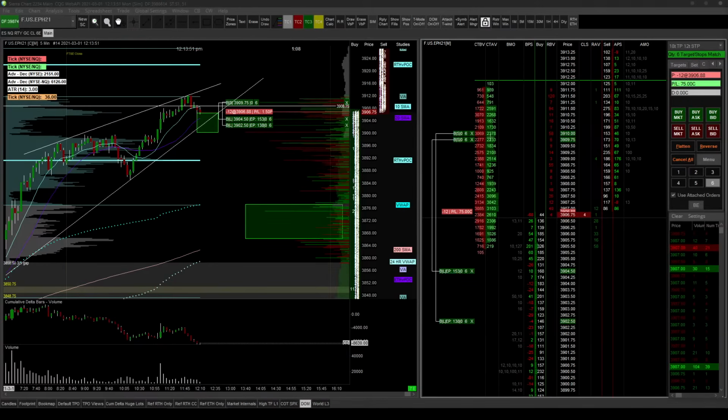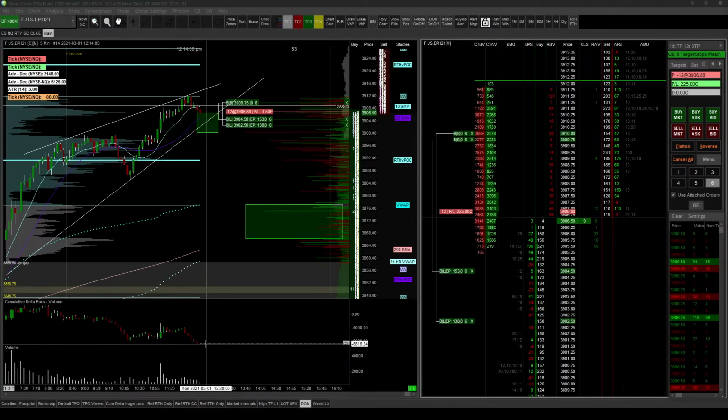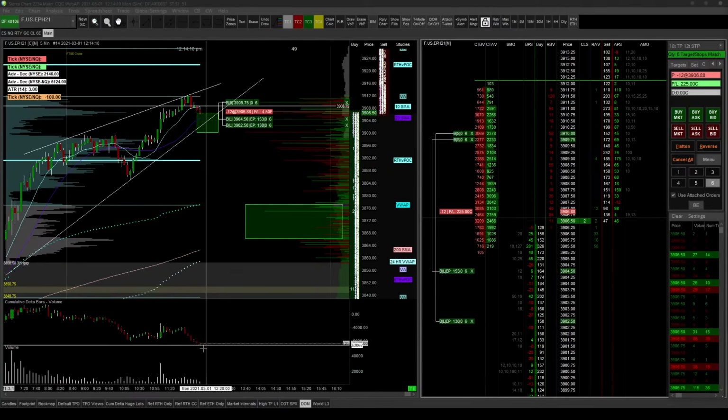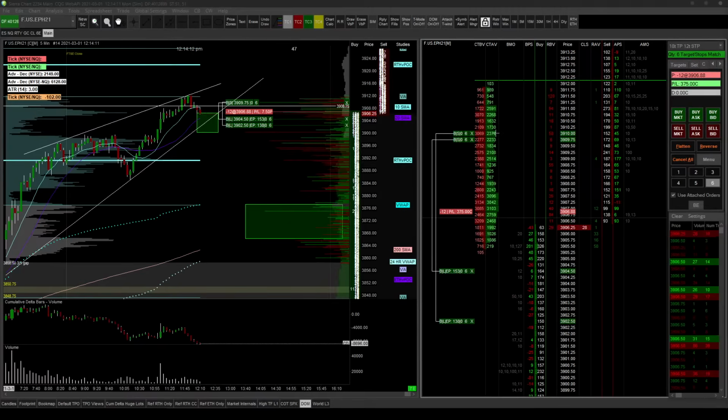So about 700 or 800 imbalance here, and fairly even. Again, more selling imbalance to the tune of 800 or 900 contracts. Same with this. And yet the deltas, yeah, it's interesting. Deltas definitely reflect that.